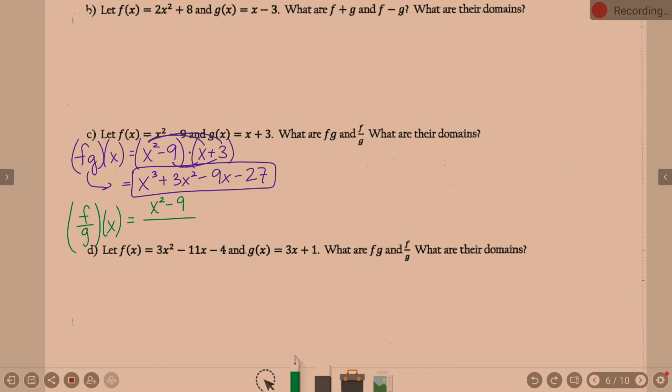What is g? X plus 3. Now, okay guys, here's the catch. As this is right here, we can't simplify this. No, you cannot just go, oh, 9 divided by 3 is 3. X squared divided by x is x. It doesn't work like that.